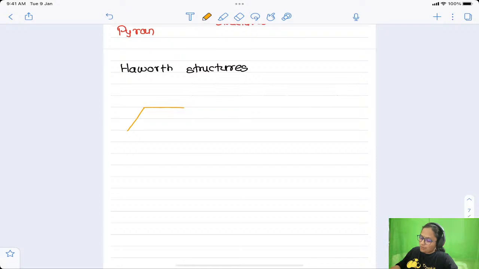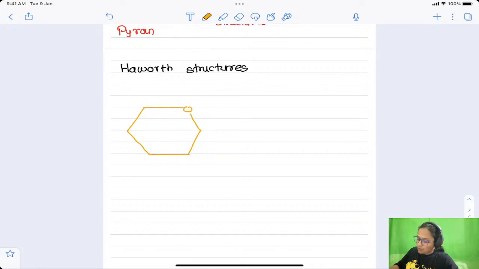First of all, you have to draw this 6-membered structure or skeleton like this. Okay, so this is the 6-membered skeleton.